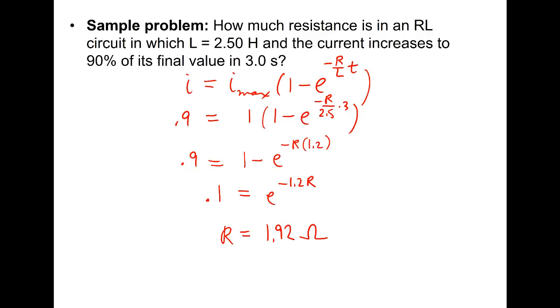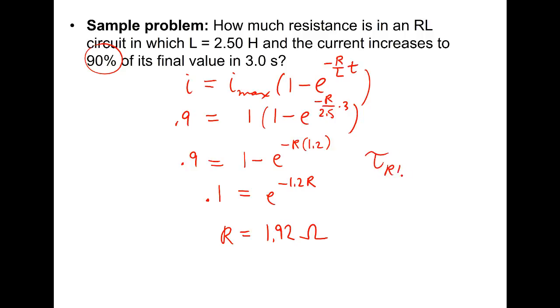Okay, now let's do another bit of a check here. And so what we're told is that we're getting to 90% of the final value in 3 seconds. Here's one thing that we can look at.